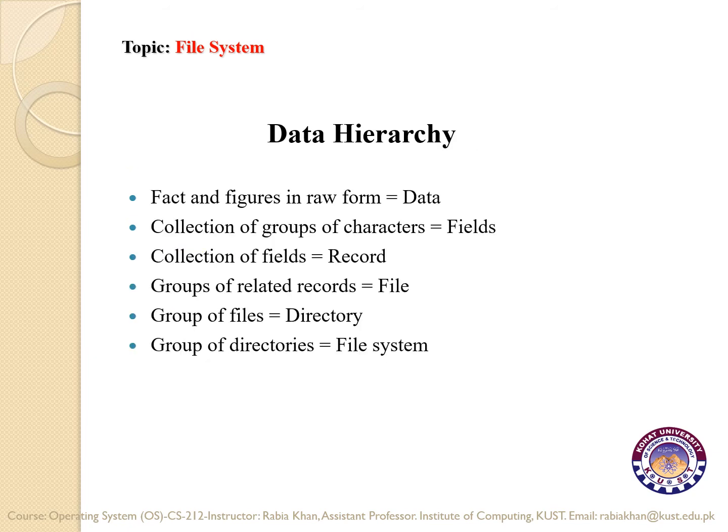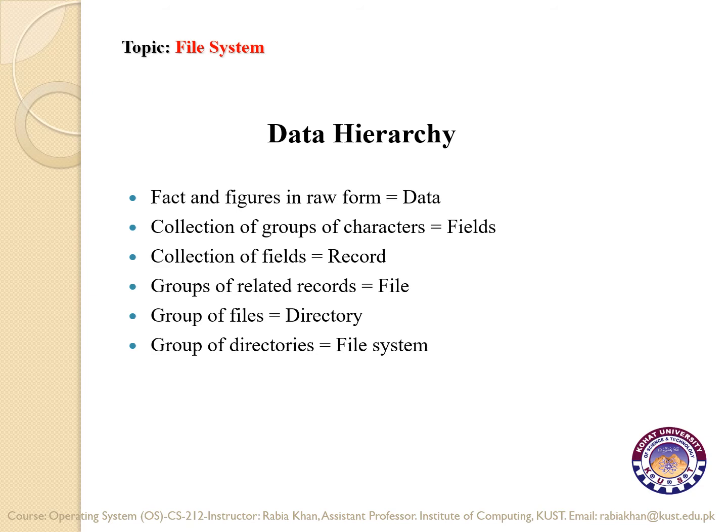How files are created? This is the hierarchy of data. Facts and figures form data. Collection of characters in any type form fields. Field is what you call in database a column, where you store data about single entity.